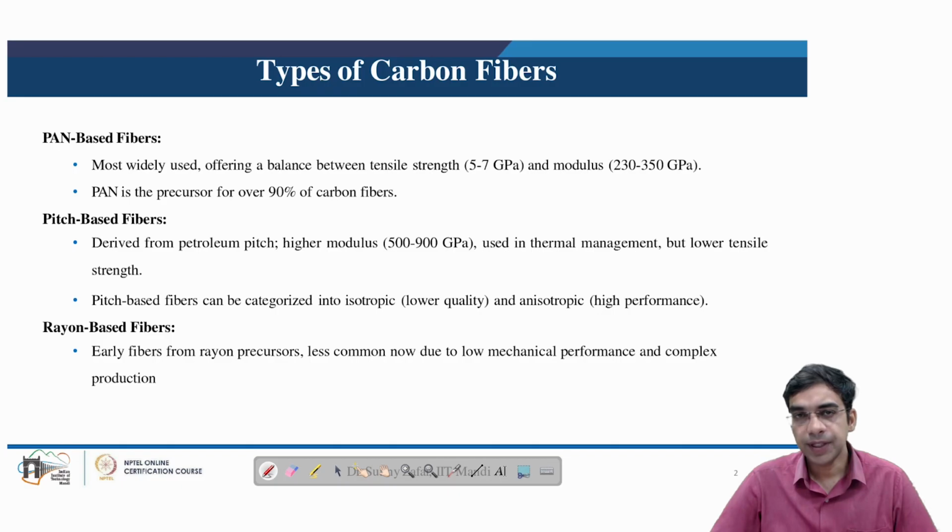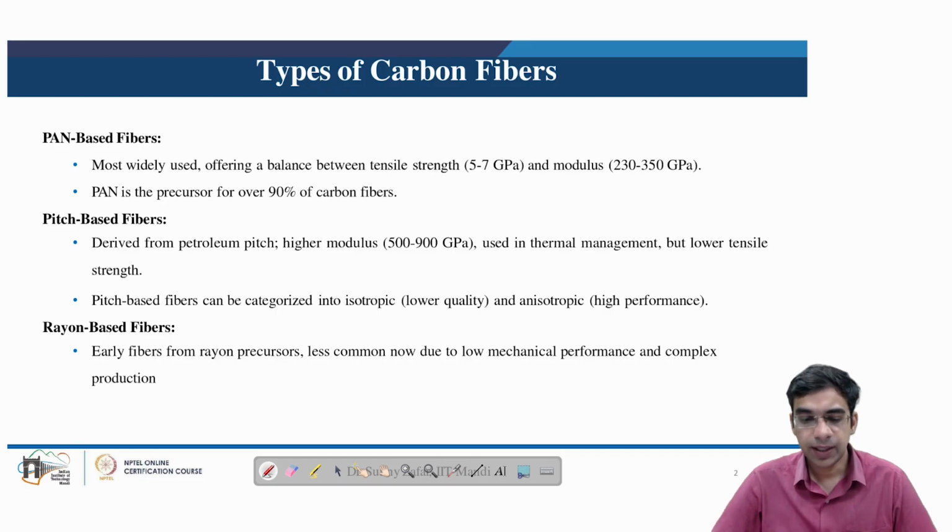There is another precursor which is used to manufacture the carbon fibers, which is pitch based. So pitch based fibers are basically derived from petroleum based pitch, which offer higher modulus between 500 to 900 gigapascals. They are widely used in thermal management, that is where we want to remove heat quickly, but they offer lower tensile strength.